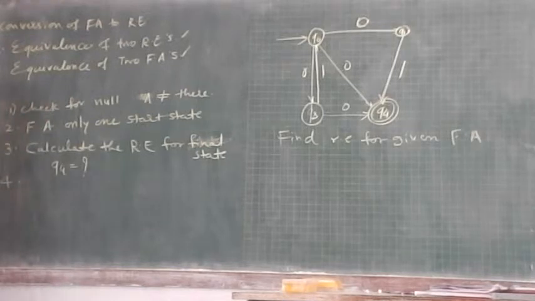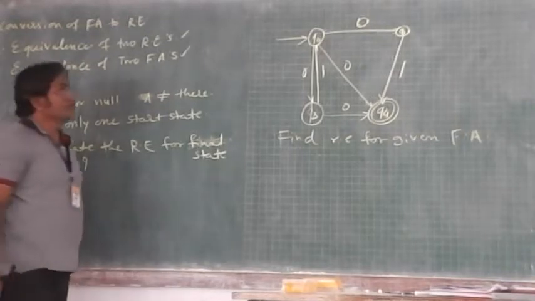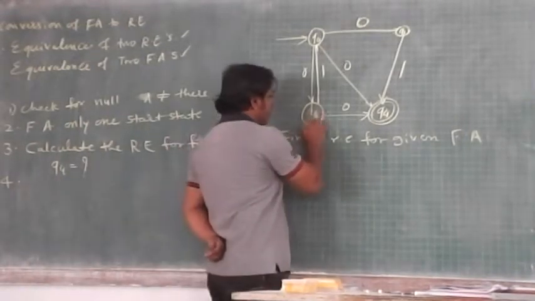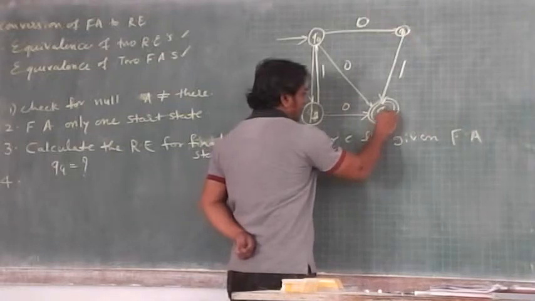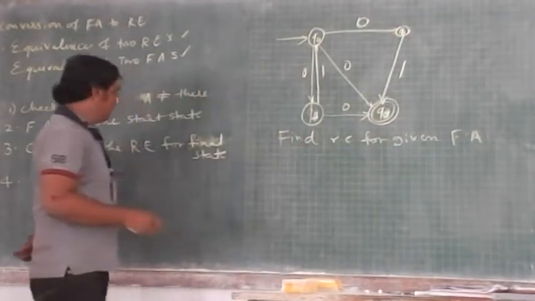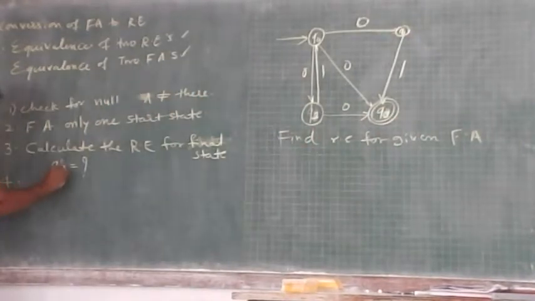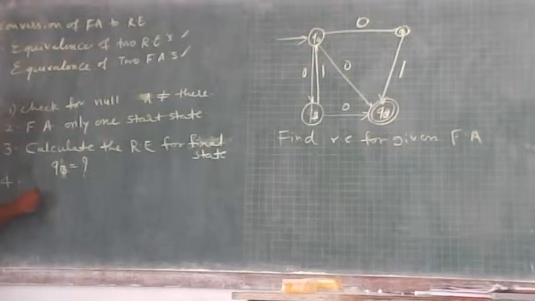So first one for Q0, Q1, and Q2. Okay, I will say this is Q2. So this is Q3. Now in this case, my final state is Q3. So for every state, you should calculate an expression. First of all, I start with the initial state and prepare an expression for that.